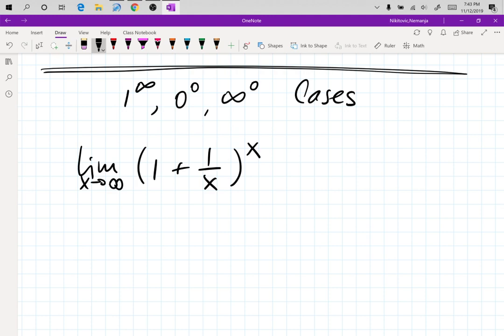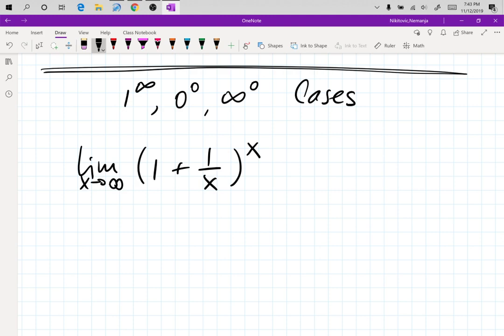In Calc 2 you absolutely must know, but now it's okay. Would anyone like to take a stab at it? 1? Nope. No. So it's not 0, it's not 1, it's not infinity. So let's discover what it is.